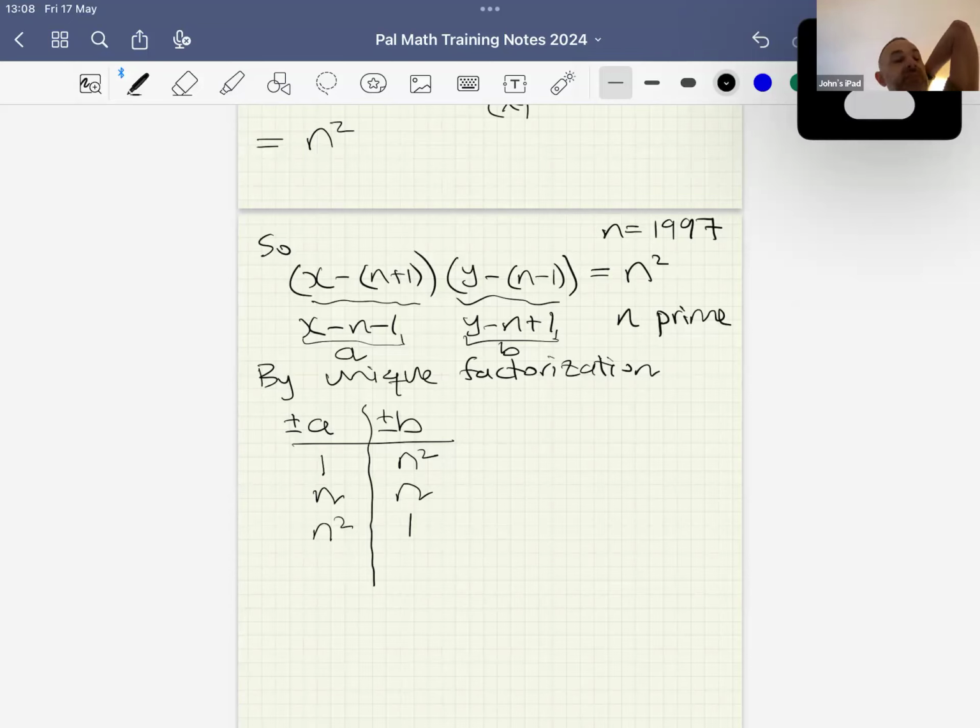And if you look at the possibilities, you will get 6 solutions. I think in this case, A and B have to be positive.